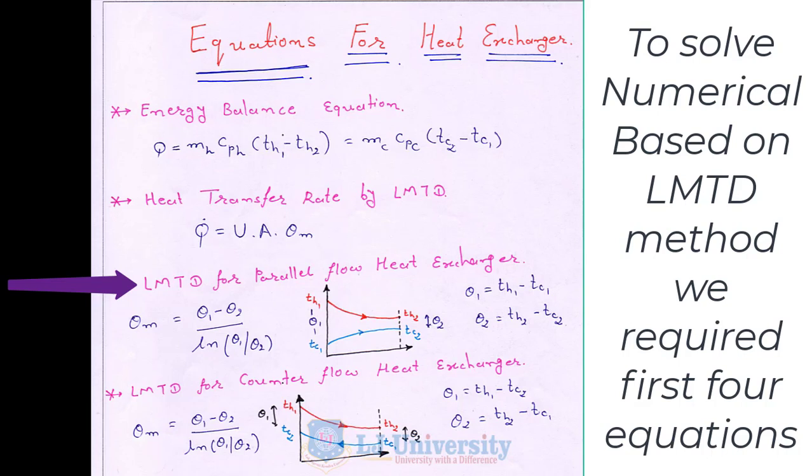For parallel flow, it is (delta T1 minus delta T2) upon ln of delta T1 by delta T2. For parallel flow, delta T1 would be TH1 minus TC1 and delta T2 would be TH2 minus TC2. And for a counter flow heat exchanger, delta T1 would be TH1 minus TC2 and delta T2 would be TH2 minus TC1. So by using these 4 equations, we can solve numericals based on the LMTD method to find the area or length of the heat exchanger.